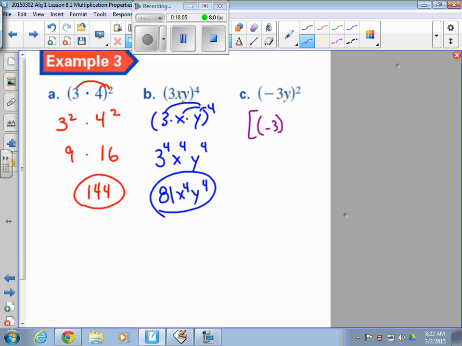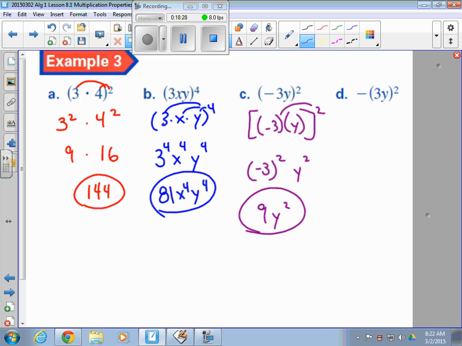Negative 3 times y, and then all of that's being squared. It's not necessary to write that step, but if you have to see it, it might help you. Negative 3 gets squared, and y gets squared. Negative 3 squared means negative 3 times negative 3, and a negative times a negative is a positive. 3 times 3 is 9y squared for that one.